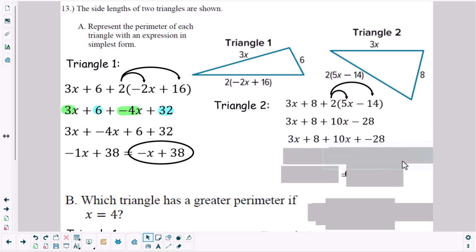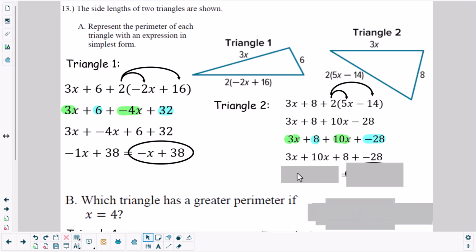Now before I go to combine like terms together, I'm going to rewrite this minus 28 as plus a negative 28. My like terms that I'll put in order will be 3x and 10x. And then of course we have our constants of 8 and negative 28. So we've got 3x plus 10x plus 8 plus negative 28.